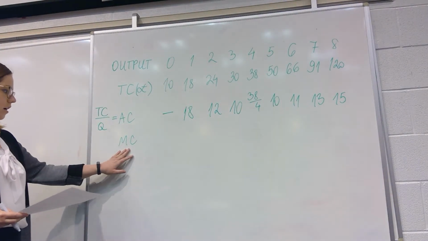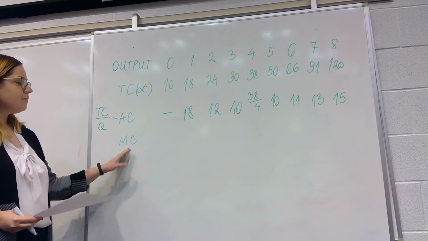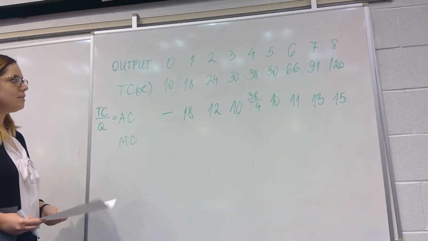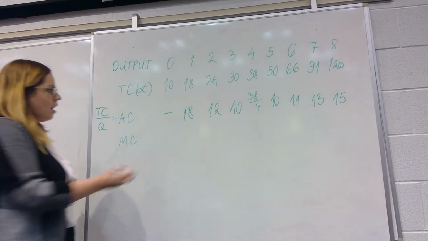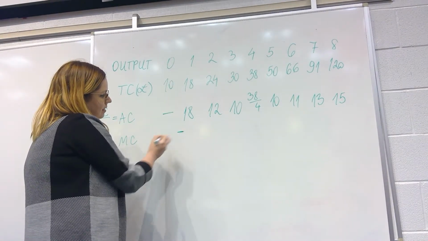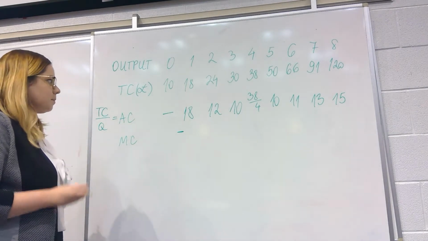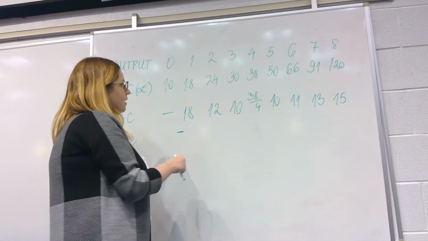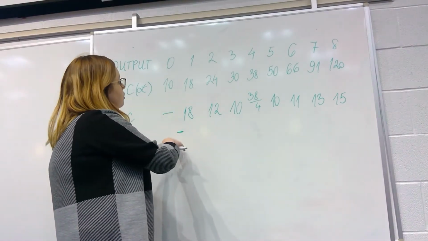Our marginal costs are the additional cost from additional units produced. And we are advised to put that in between. So in the first instance, we have nothing because this is our first unit produced.